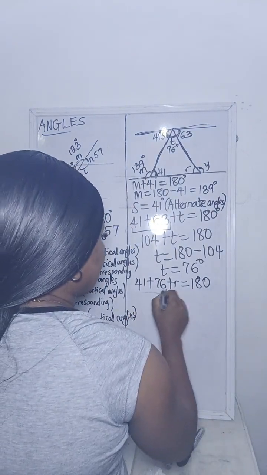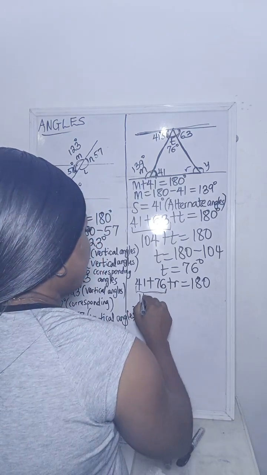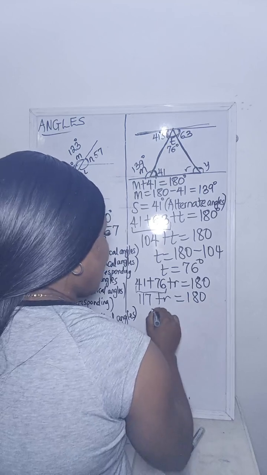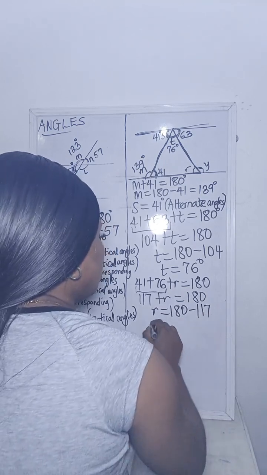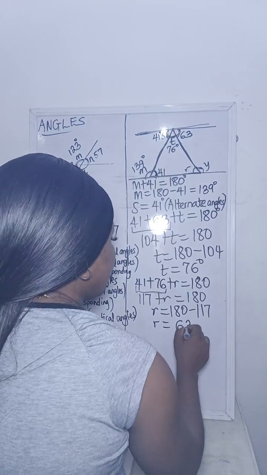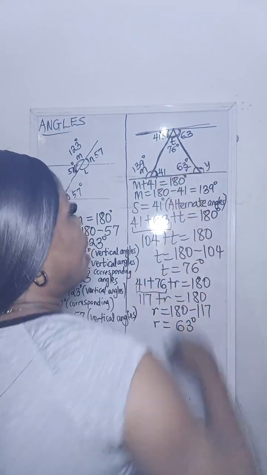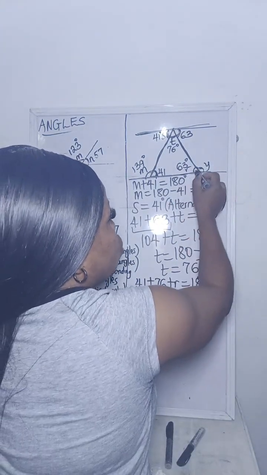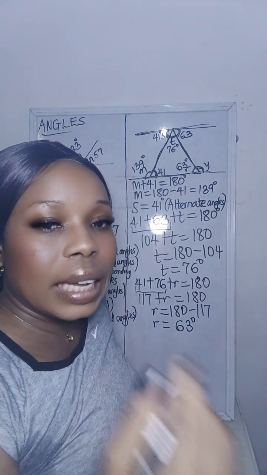So let's add this together. So this would be 117 plus r equals 180. So r equals 180 minus 117. So what will r be? R would be 63 degrees. And since we know what r is, we should be able to know what y is, because they are both on a straight line, and the angles on a straight line add up to 180 degrees.